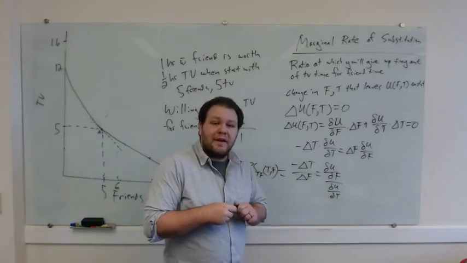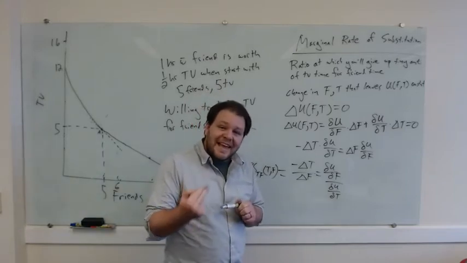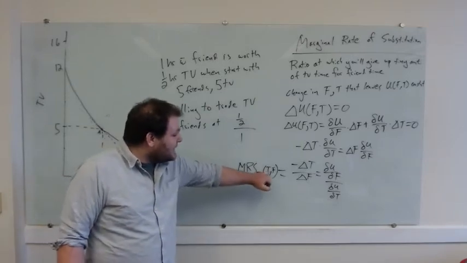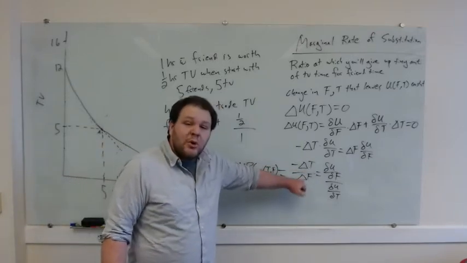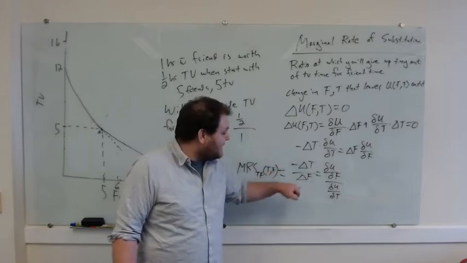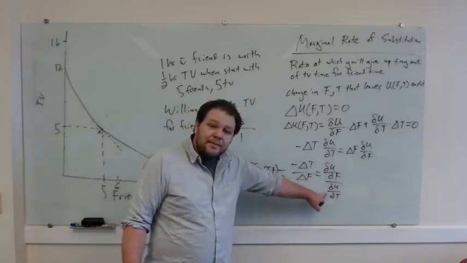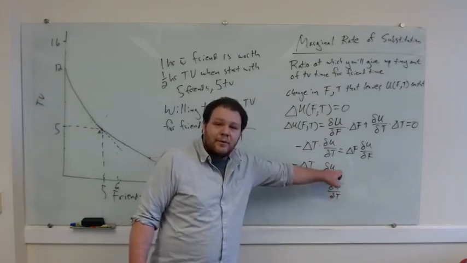So how do we interpret this? What this is telling us is that when this ratio gets bigger, I'm willing to give up more TV time, because I value TV time less and friend time more.